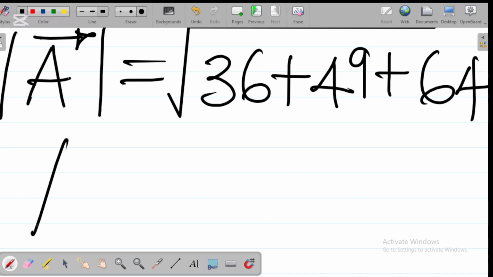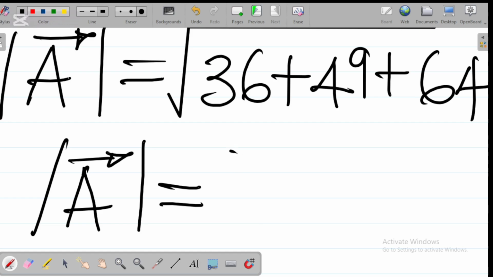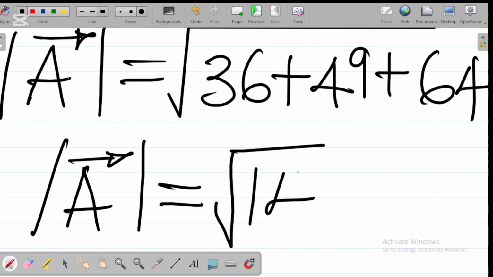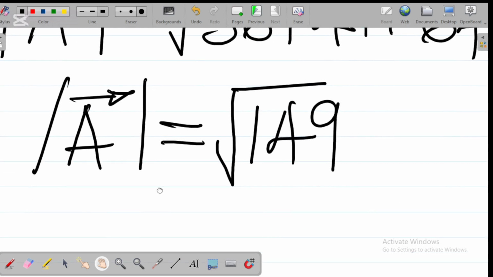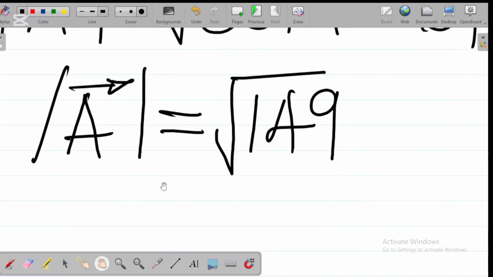So therefore, the magnitude of vector A is equal to square root of 149. Since 149 does not have a perfect square root, we are going to leave our answer in this format.